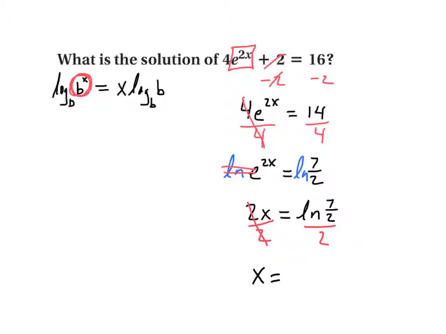So in your calculator, you need to say that you're taking the natural log of 7 divided by 2, and then you're taking that quantity divided by 2. Okay? Make sure we're typing it in properly. So, what are we getting for our answer? 0.6264. Correct.